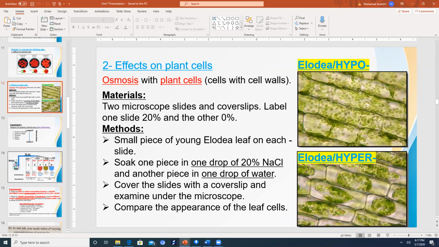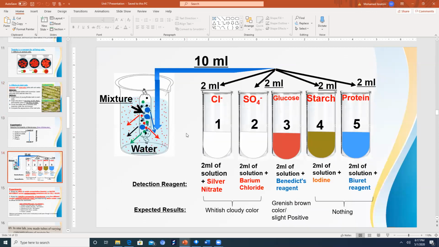The second experiment was the effect of the molecule size on diffusion rate. You need to know from this experiment the different reagents, the name of the reagent, why we use those, what to detect, and what is the end product. Silver nitrate to detect chloride ion.